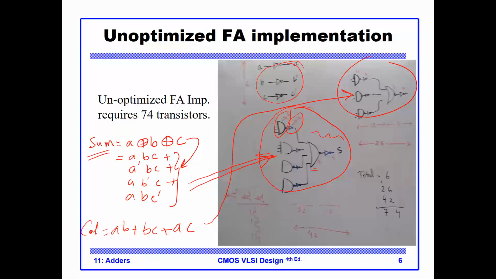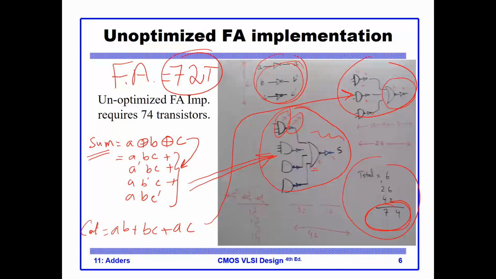And then for the carry out, you need 2 levels, an AND, a NAND, and an inverter, plus 2 for every one of those. You add everything and you get a total of 74 transistors to implement what? To implement a full adder. So the full adder takes, without any optimization, 72 transistors.